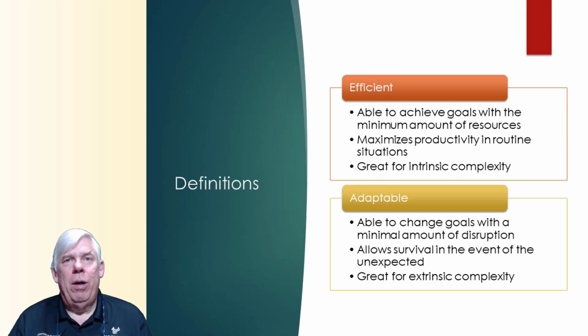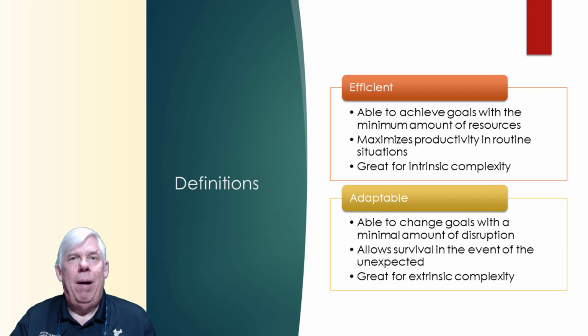So, looking at it from a complexity standpoint, being efficient involves being able to achieve goals with the minimum amount of resources, maximizing productivity, typically in routine situations. And being highly efficient is great for intrinsic complexity. That's what we strive for when we're dealing with intrinsic complexity.